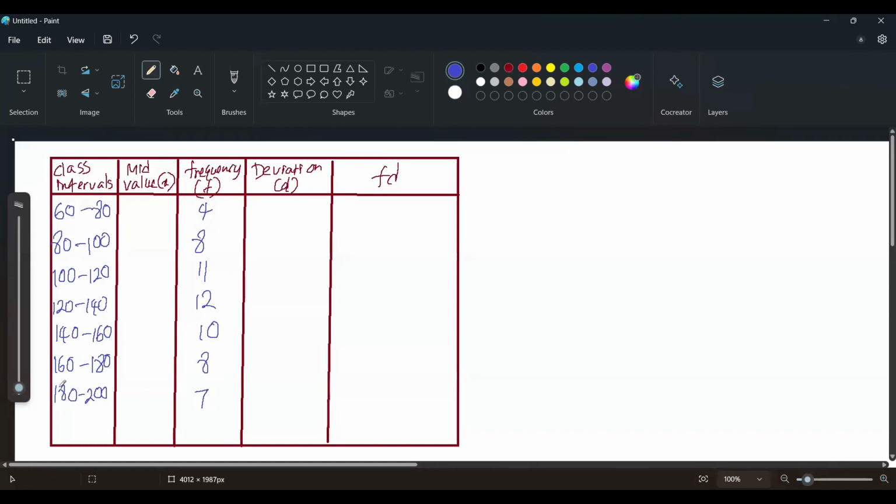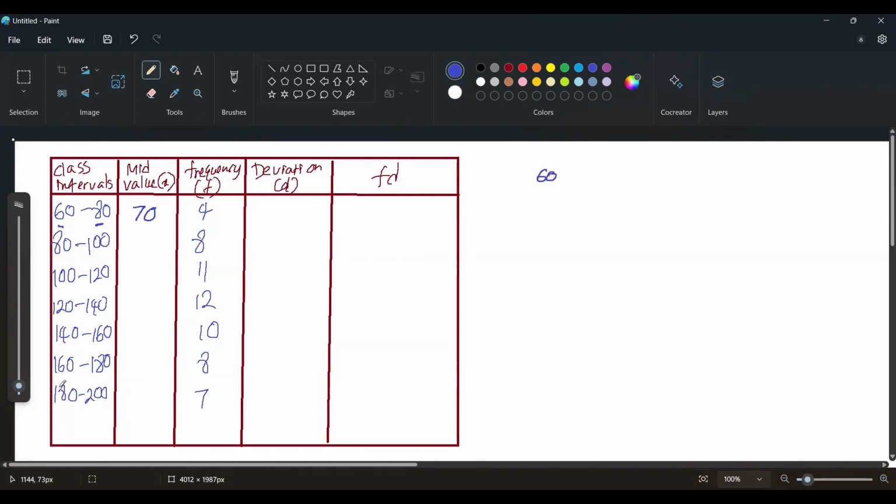Now you know the class interval and frequency, and also the mid value. When you are finding the mid value, there are 2 methods. You can imagine 60 and 80. What is the middle value between these two? It should be 70.